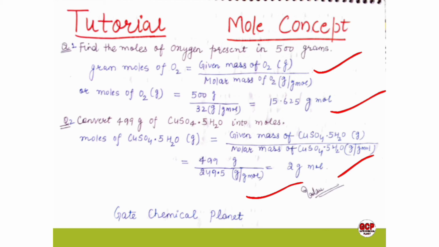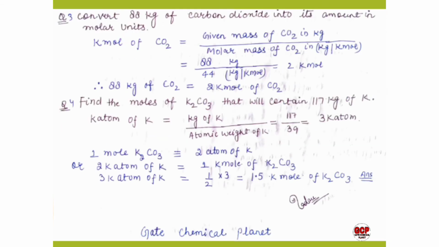So these are very small questions, but very beneficial in later calculations. Now the next question, number 3. Convert 88 kilograms of carbon dioxide into its amount in molar units.